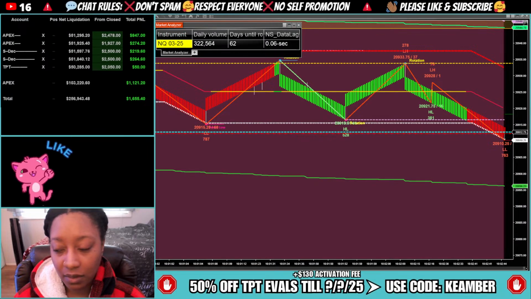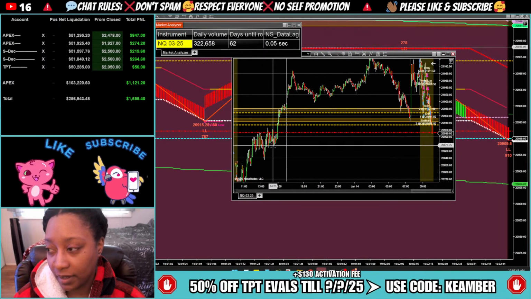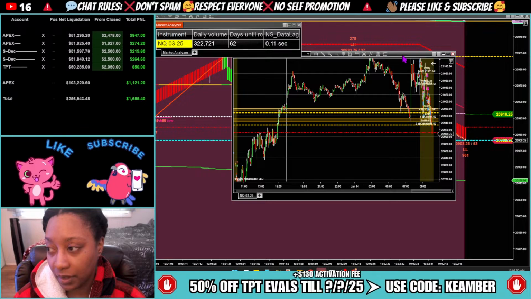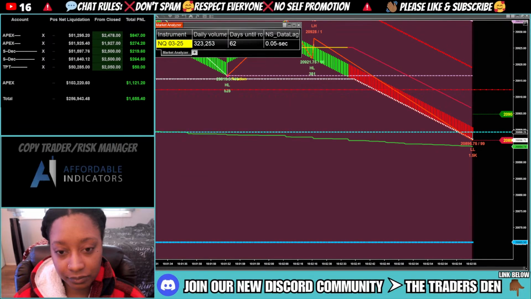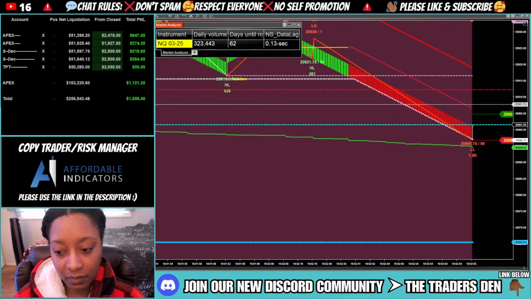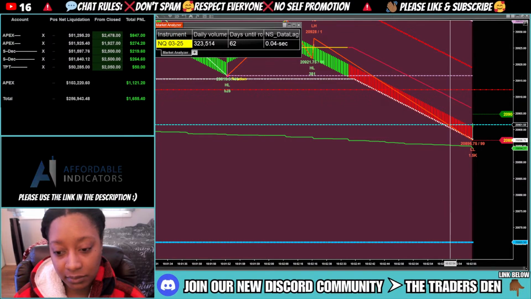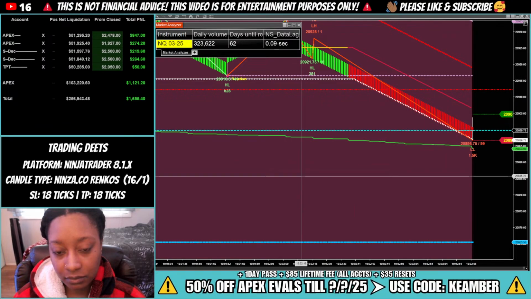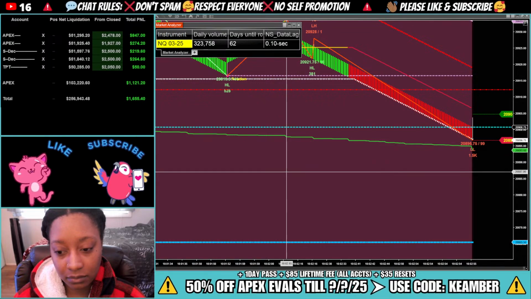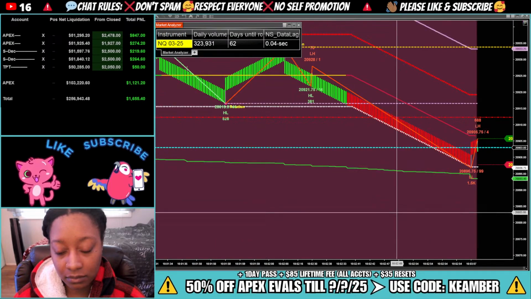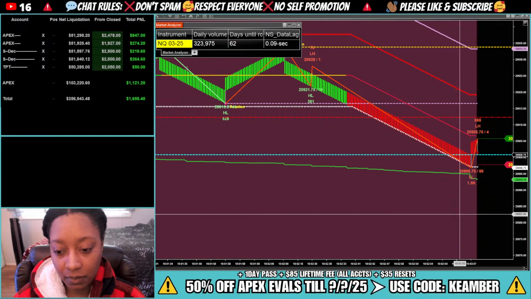Now, yesterday around this level, we did have quite a bit of congestion here. So let's see if we're able to actually push through it or not. Might have a free fall here. Push too hard up.